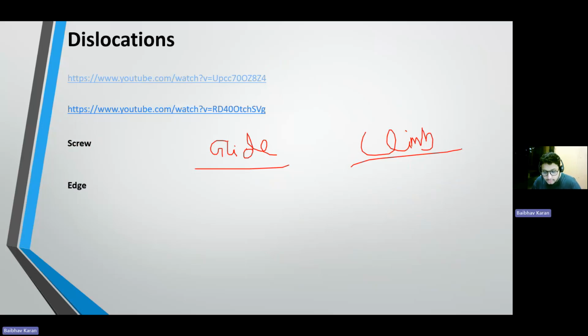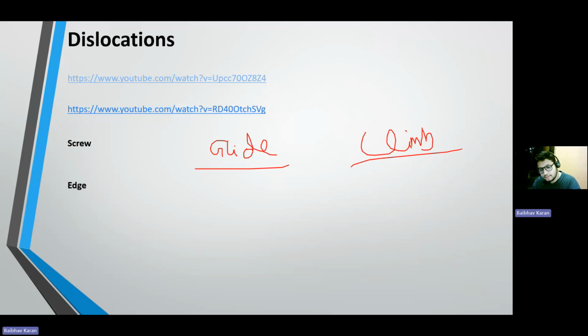We found the force values, like how the force varies in case of glide and how it varies in case of climb. One more point to note here is that climb is a more thermodynamically expensive process. What do we mean by that? It means it requires more energy from the outside, because there will be movement of vacancies along with movement of atoms.